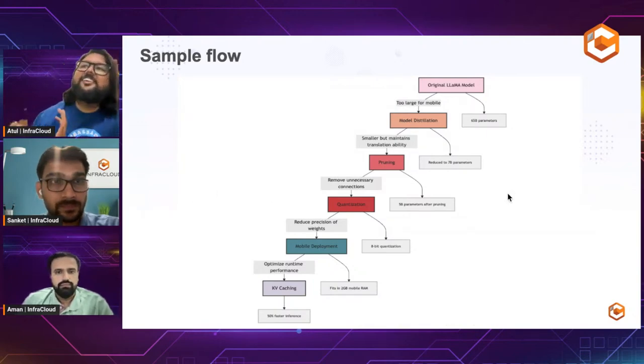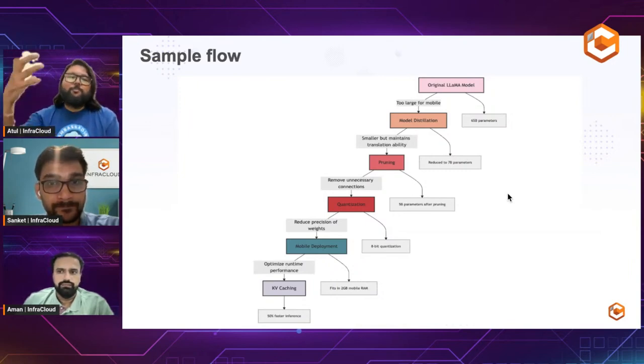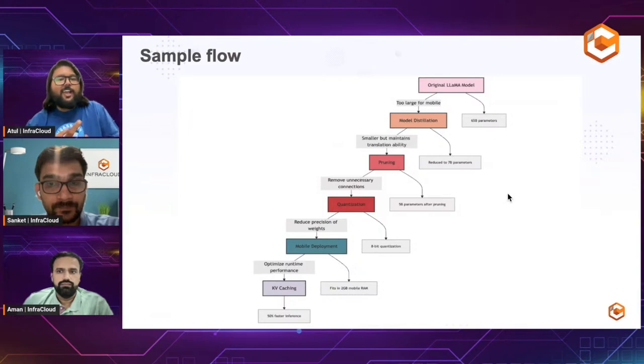This is a really interesting workflow, Aman, that you have shared. I cannot imagine having a 65 billion parameter model running on my mobile device by following all these techniques.